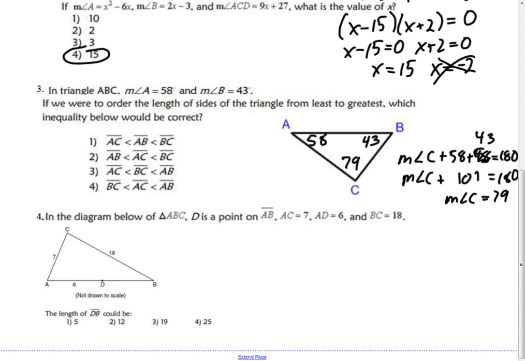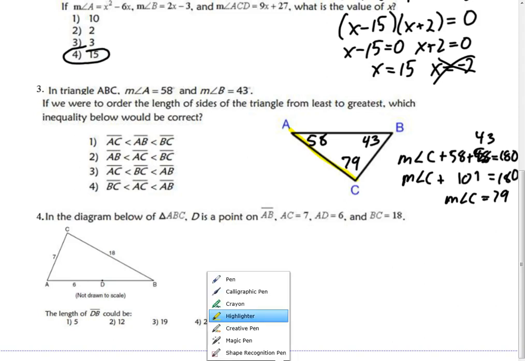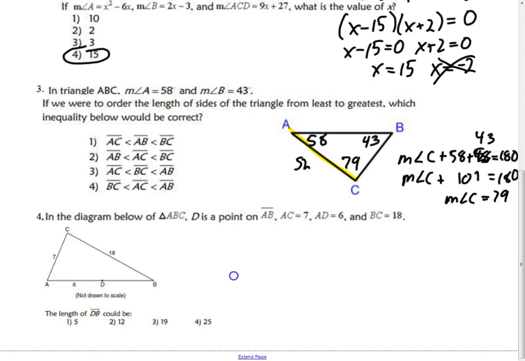Angle B, and angle B is opposite side AC, so that would be the short side. Then the middle angle is 58, so opposite that would be BC. And then this would be the longest side. Obviously the picture's not drawn to scale here, because it doesn't look like that's the shortest side.